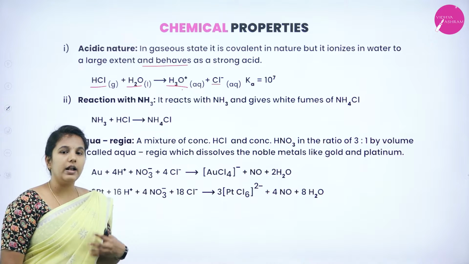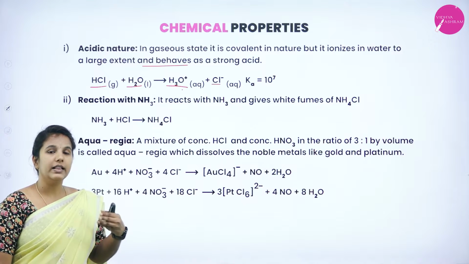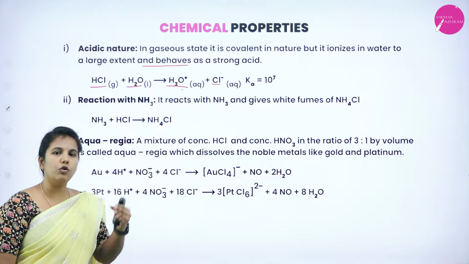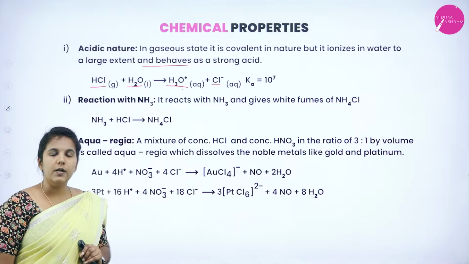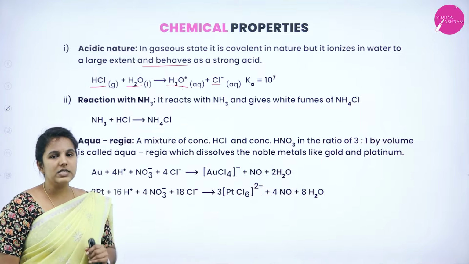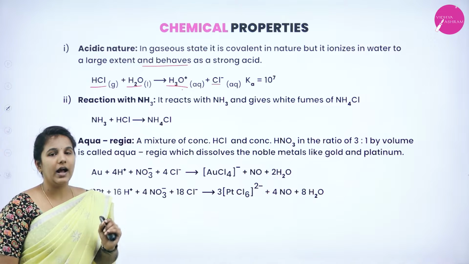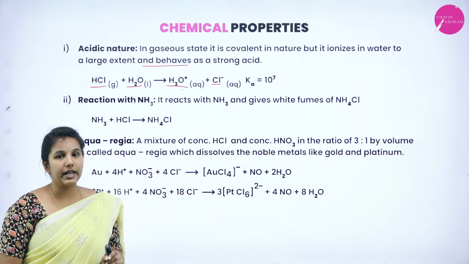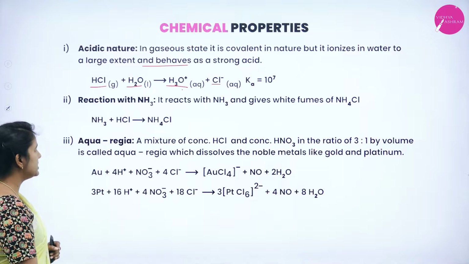Thereby, it indicates that it undergoes an ionization process and produces H plus ions to the water molecule, forming a hydronium ion. By this reaction, we can clearly understand that hydrochloric acid acts like a very strong acid.